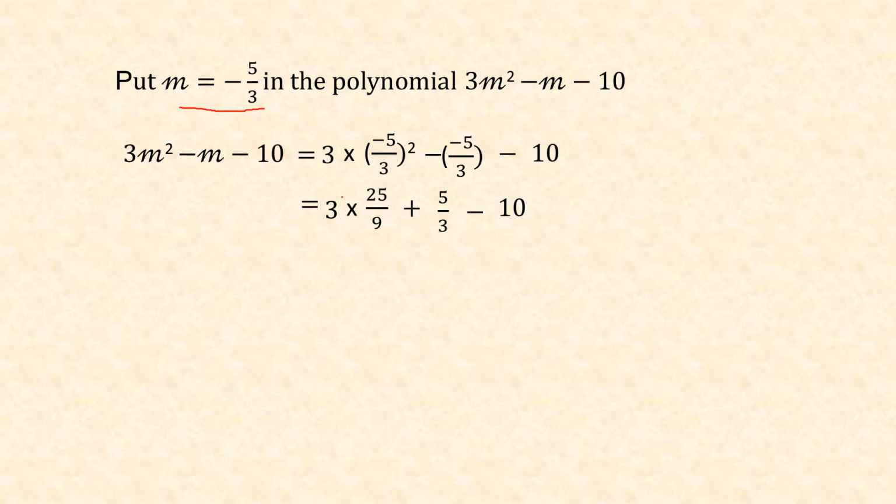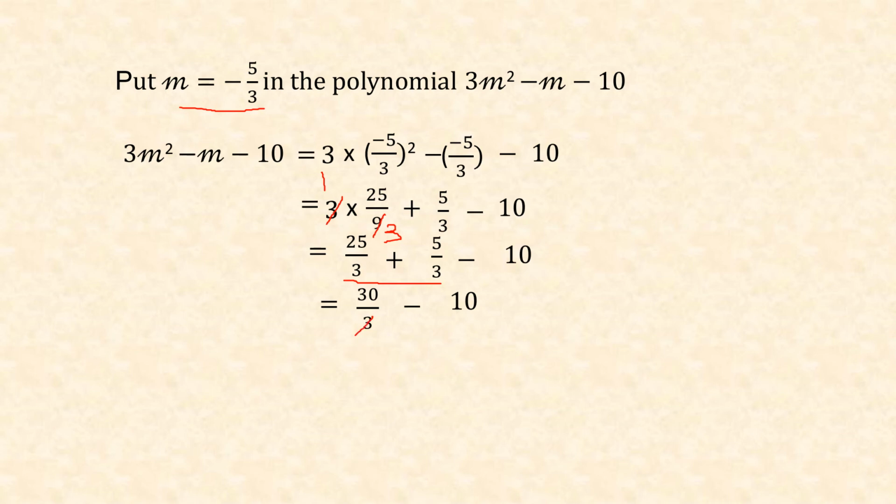Here 3 ones are 3, 3 threes are 9. Equal to 25 upon 3 plus 5 upon 3 minus 10. Here the denominators are same, therefore we add the numerators, 25 plus 5, that is 30 upon 3 minus 10.